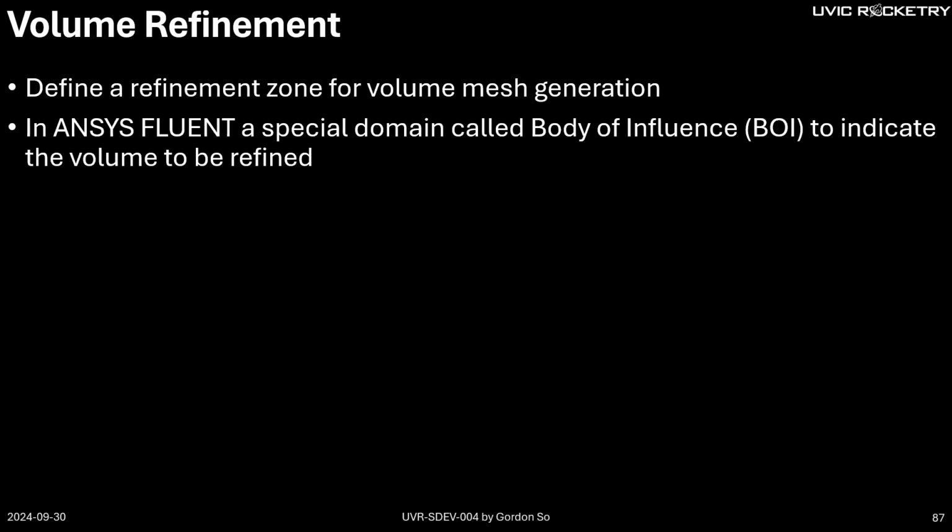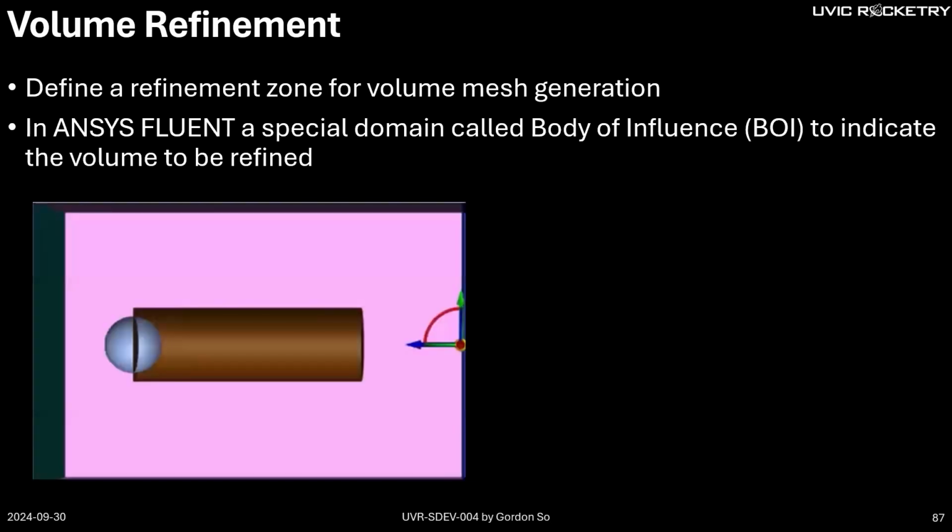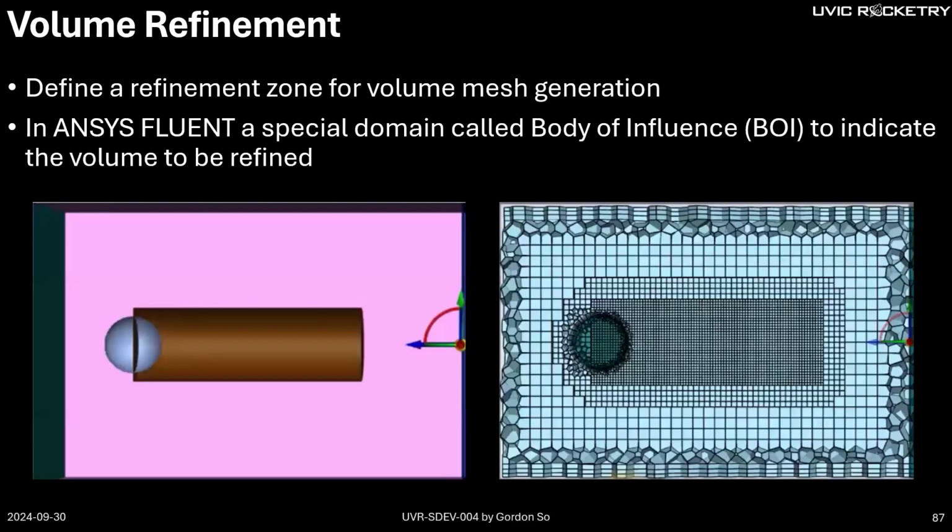And in a multi-body part, you define the actual volume that you want to refine. After refinement, you see that the body of influence, which is the brown cylinder, has a way finer mesh, including the sphere. And anything further away doesn't look as crazy.